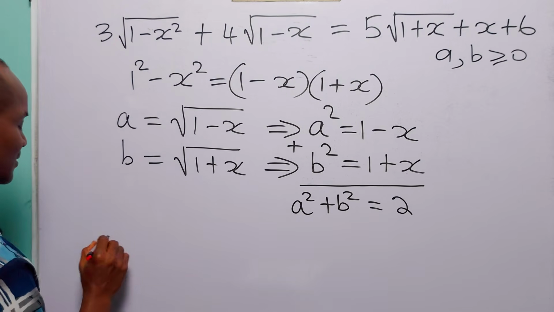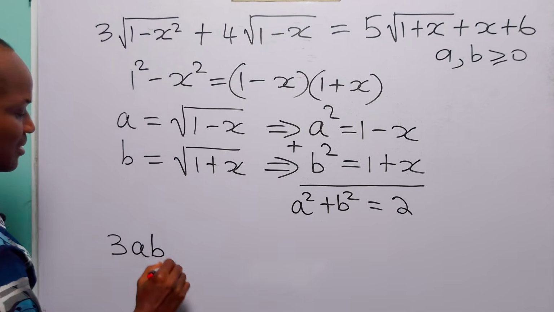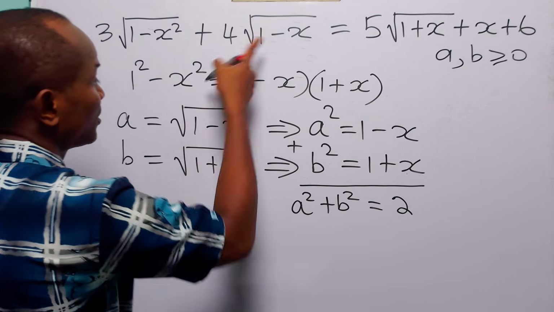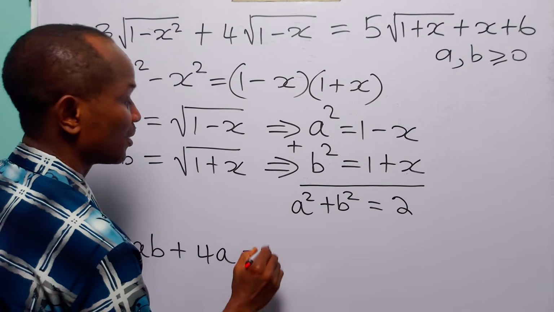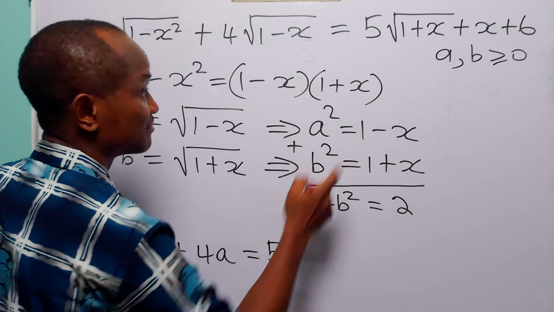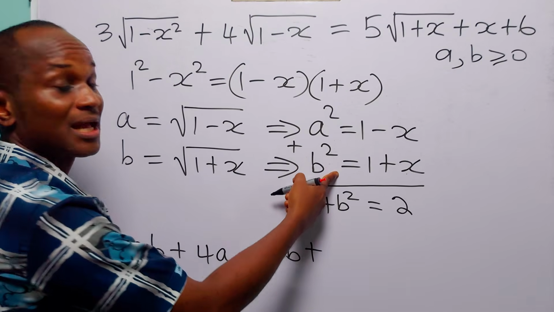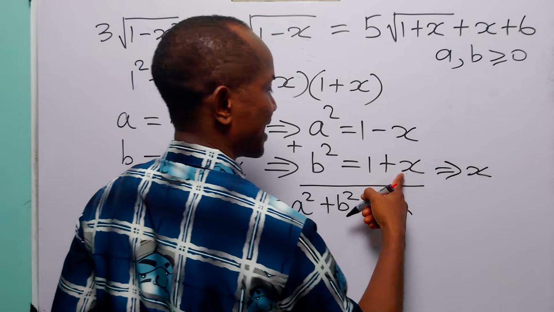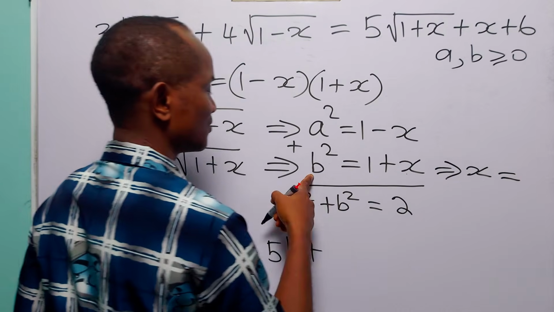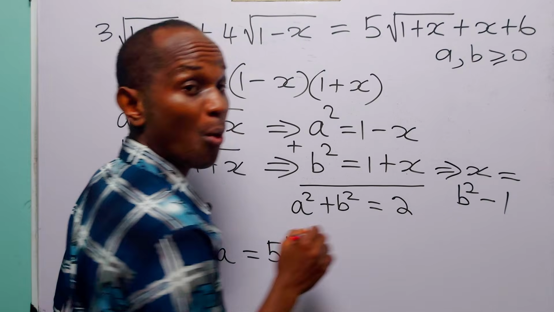Here we have 3 times a times b plus 4 times a. And this is equal to 5 times b plus. Now, from this, we have that x is equal to b squared minus 1.